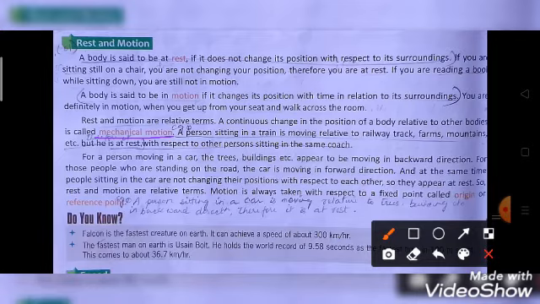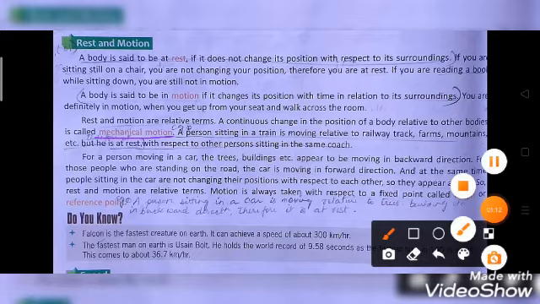Since you are traveling in a car, the trees and the mountains appear to move backward. So in relation to the mountains and the trees on the roadside, you're in motion, but you're at rest in relation to the person sitting next to you in the car. That is called mechanical motion. I hope you got my point.